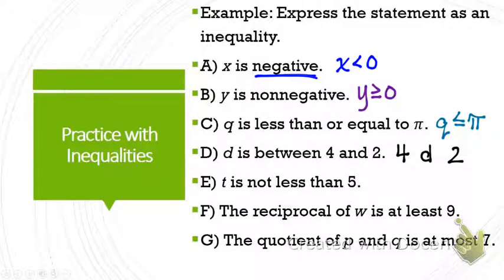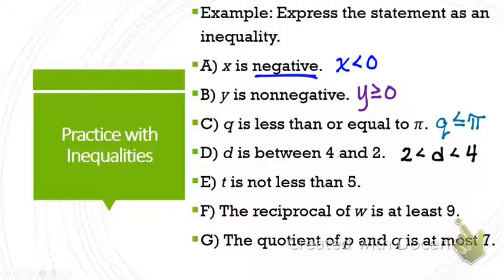D is less than 4, greater than 2. So I want 2 first, then I want D, then I want 4. When we're writing an inequality statement, I always want the smaller number farther on the left, larger number farther on the right. D is between these two. Did it say it could be equal to either one? No, it said it was specifically between, so I've just got my less than symbols in here.